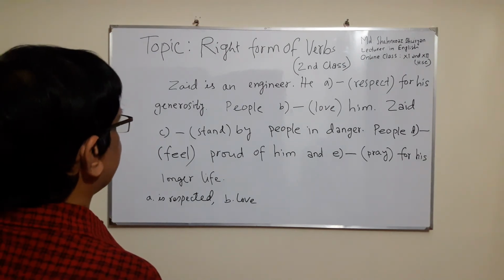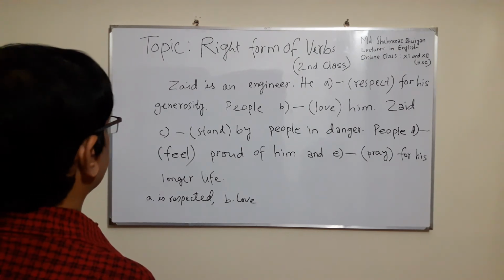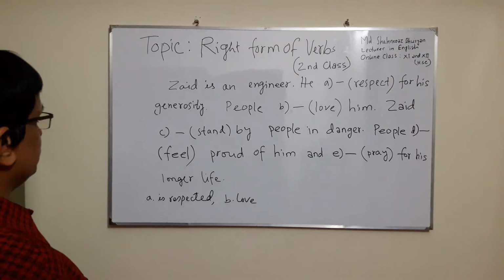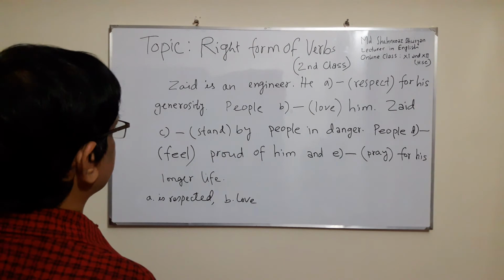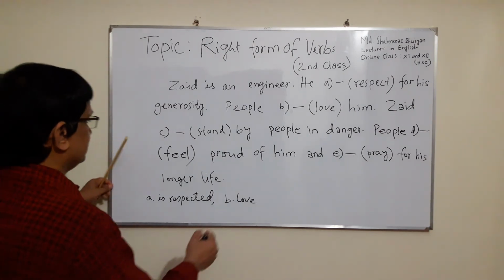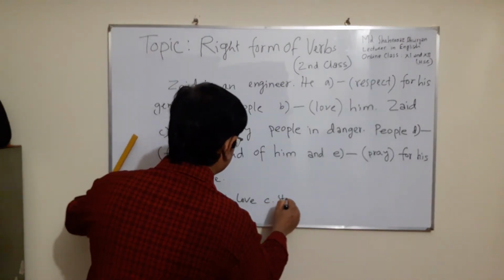Here the subject is third person singular number. So an s will be added to the verb stand, and the verb becomes stands. So the answer is stands. Now I write the answer C, stands.